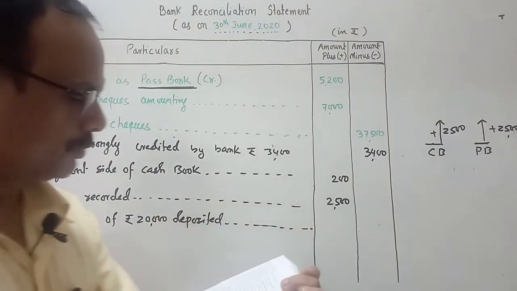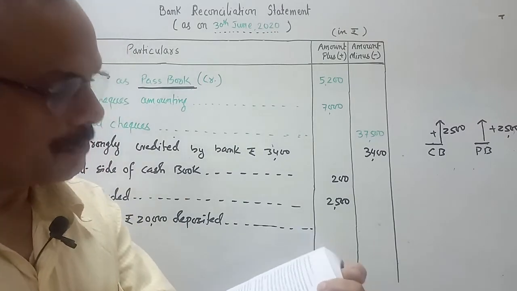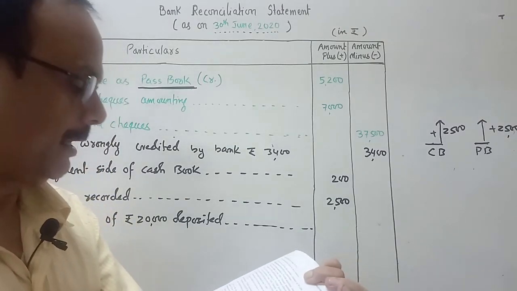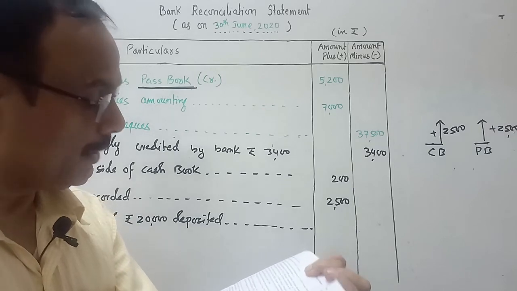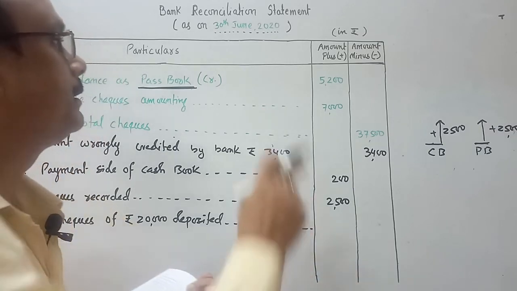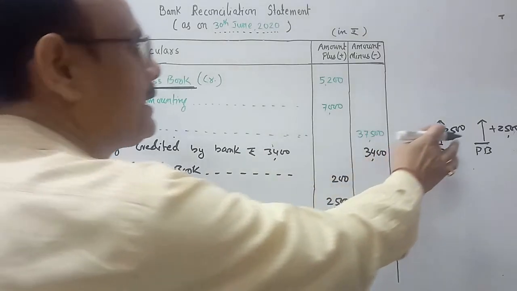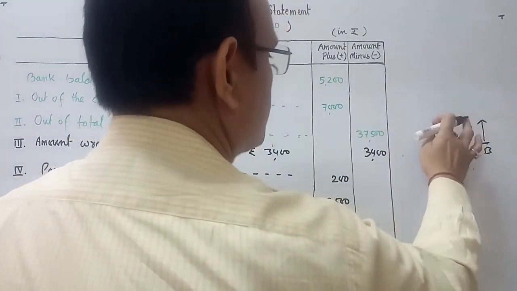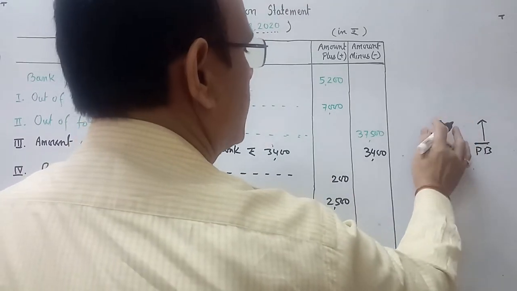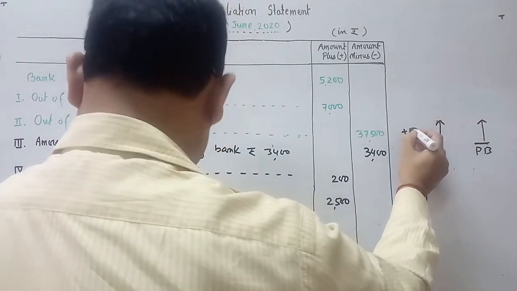Okay, so a check of rupees 20,000 deposited in the bank has been dishonored, but no intimation was received till 30th June. When the check is deposited into the bank, the cash book balance is increased by 20,000.